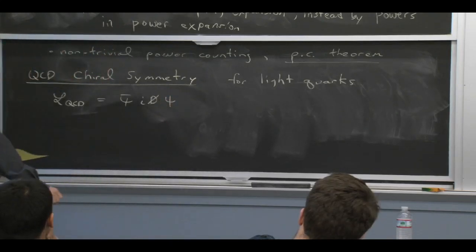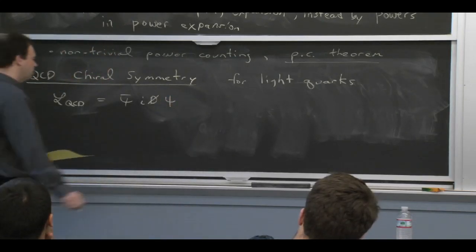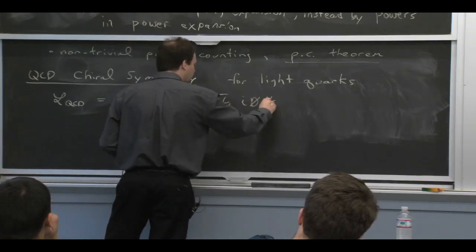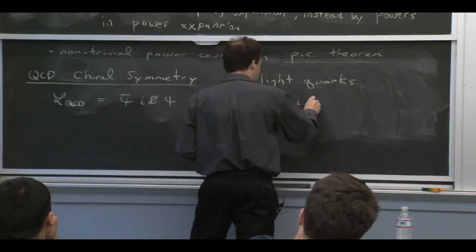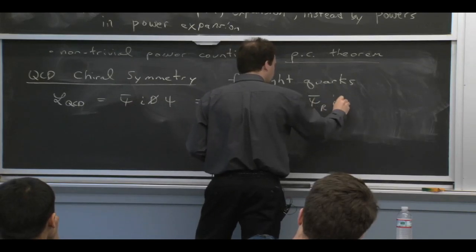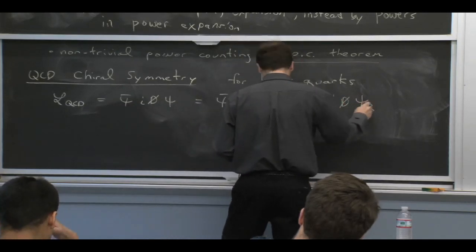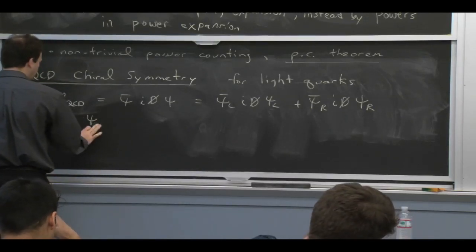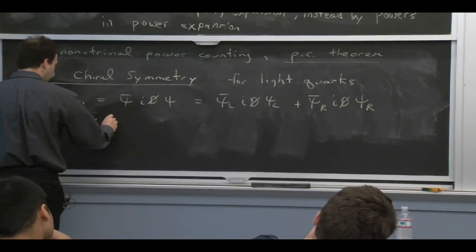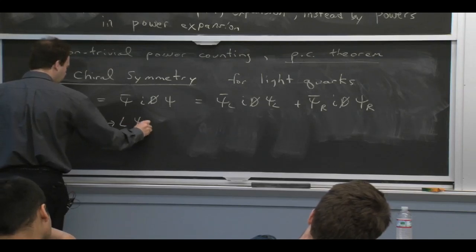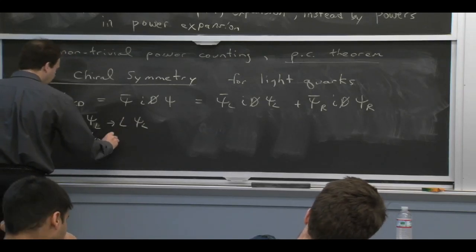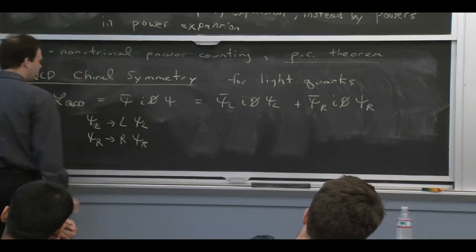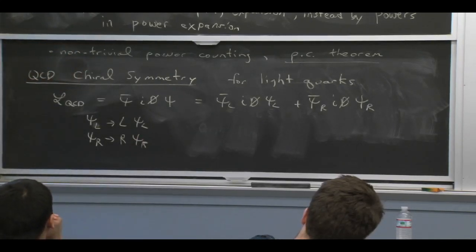So if we start with QCD, massless QCD, we can divide it into a left-handed part and a right-handed part. And then we can talk about the transformation where we take the left-handed field and transform it by a separate amount than the right-handed field under a unitary transformation, and that's a symmetry of the theory.